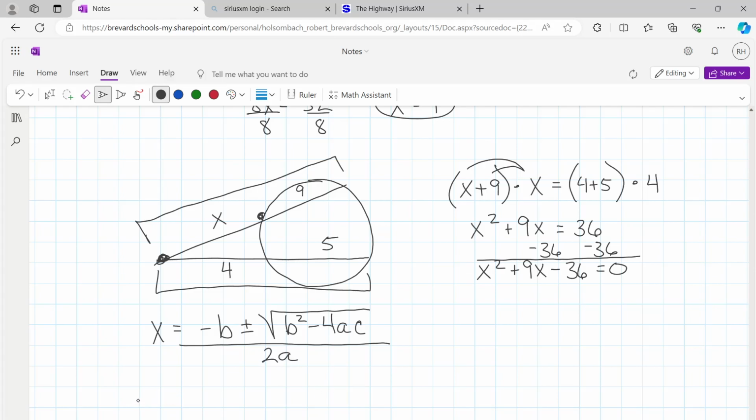All right, and that's where ax squared plus bx plus c is equal to 0.